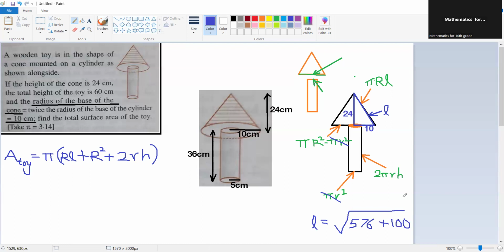What is the square root of 676? It is 26. It's not 25, it's 26. So L is equal to 26, because this is a Pythagorean triplet.